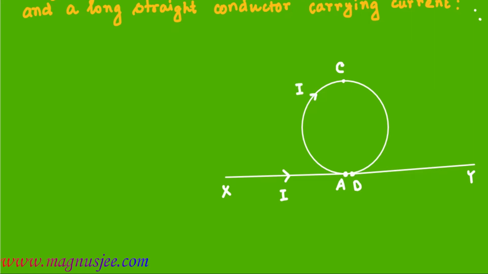Current I flows in the clockwise direction through the circular loop, and current flows through the long straight conductor XY from X to Y.